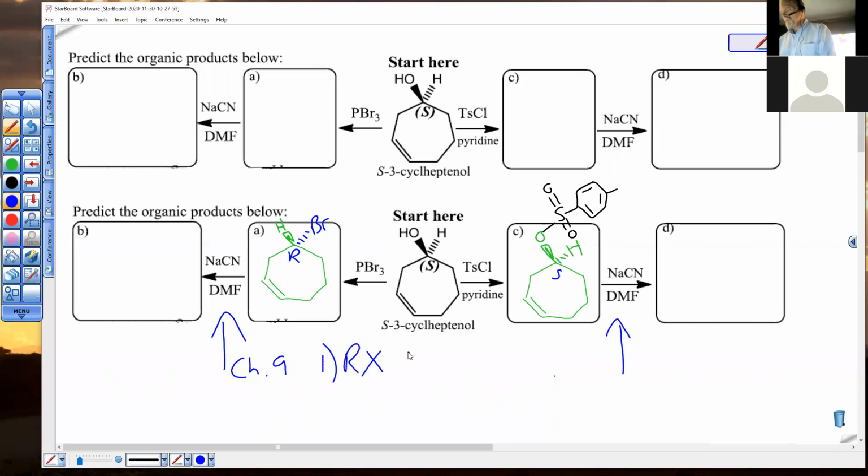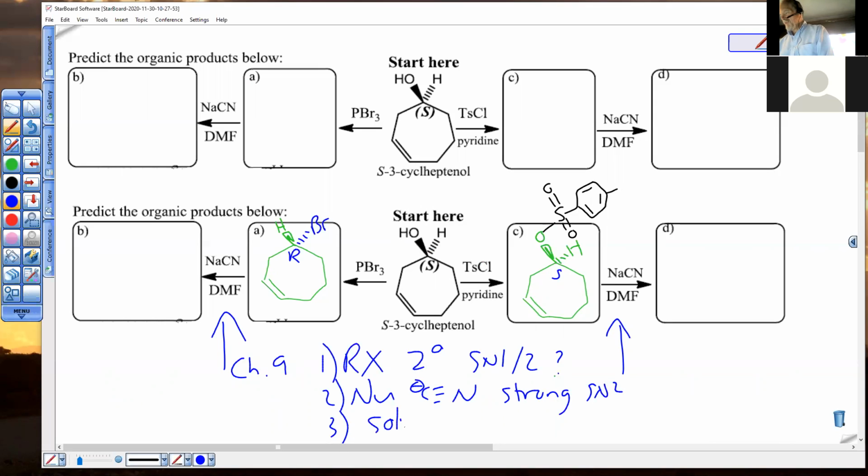RX, secondary, SN1 or SN2, don't know. Two, nucleophile, cyanide, strong: SN2. So I got one thing saying SN2. Three, solvent, DMF.